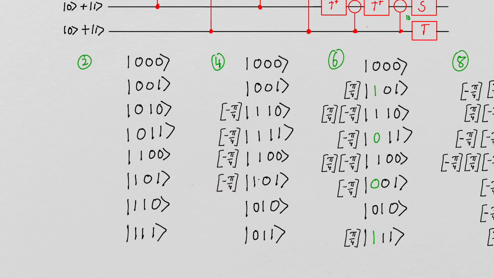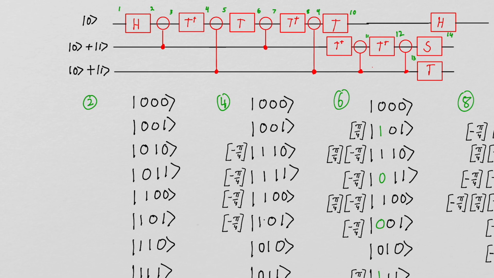So now I'm no longer writing e to the minus i pi over 4, but clearly this means e to the minus i pi over 4. That's my notation now for e to the minus i pi over 4. I'm just tracking the amount of phase that's in there, and that's just to make it a little easier to read and a little easier to write down. So this is the output of the quantum computer at position 4.